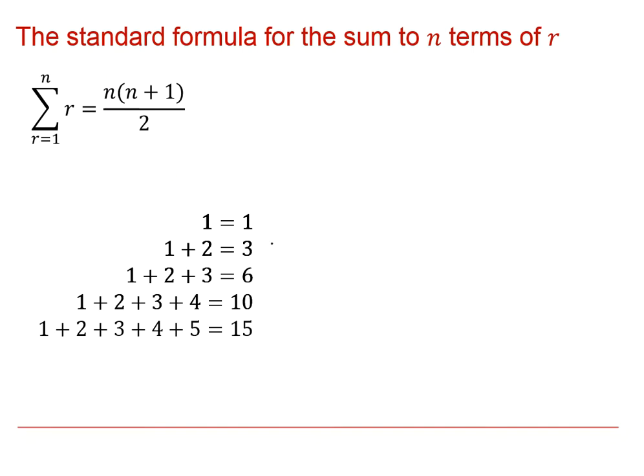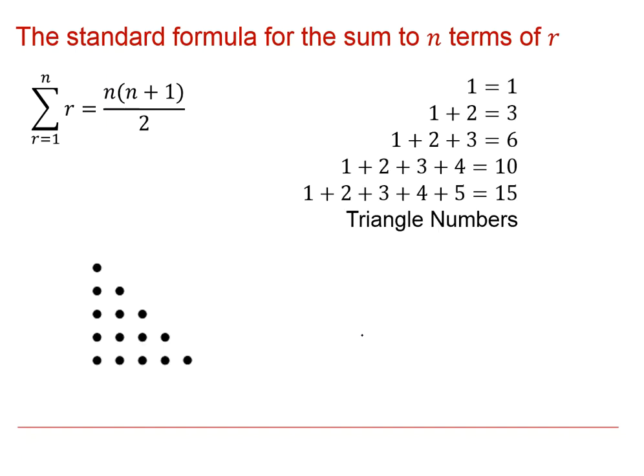And you can see these numbers, the answers to the sum to each of these terms, are actually the triangle numbers. So for the first one, we've got 1. For the second one, we've got 2 and 1. For the third one, we've got 3, 2 and 1, etc. So 1, 3, 6.